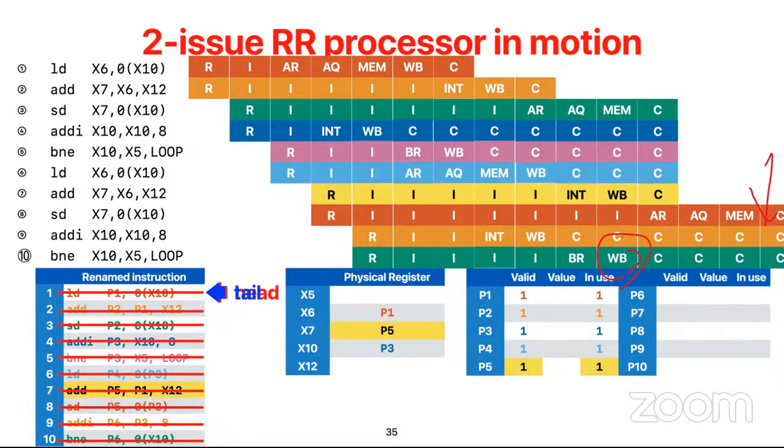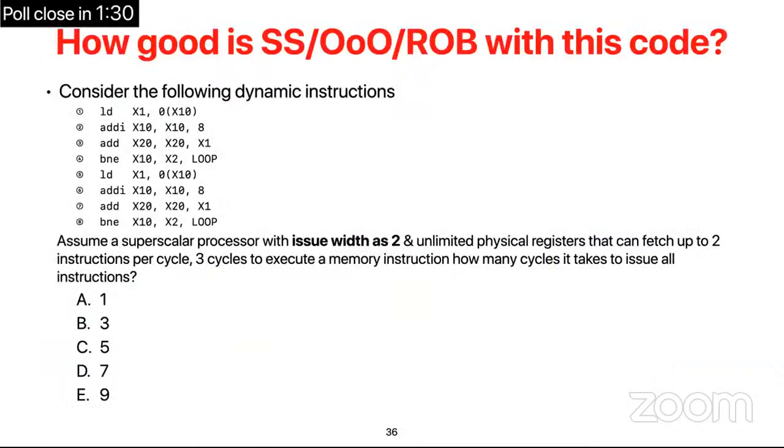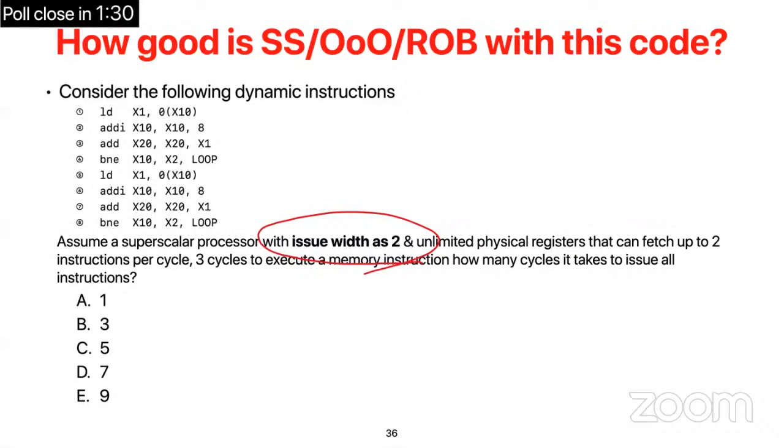So now, a question that I want to ask you. I changed the criteria a little bit. Right now, we assume that we have a universal pipeline that can deal with everything. But the new limitation here is that you can only issue 2 instructions at the same time.